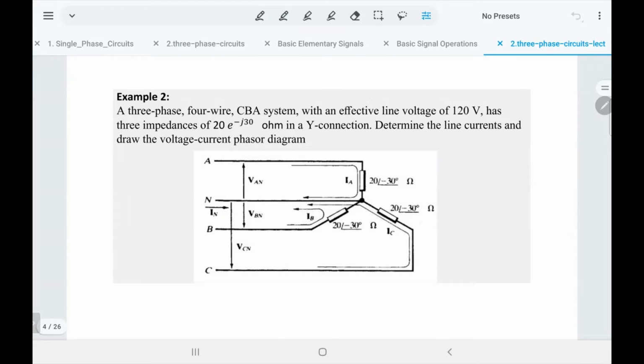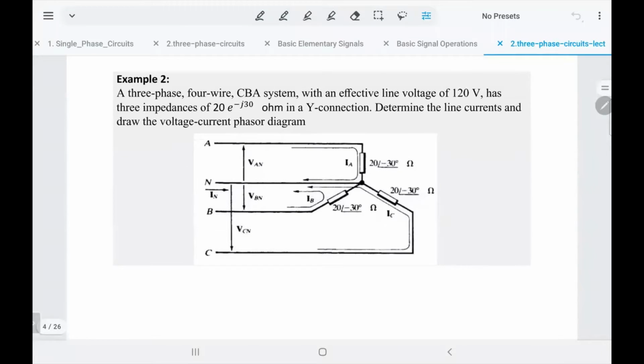What is the question here? They said that the line-to-line voltage is 120 volts, the impedance is given, and they ask for the line currents. You want to calculate the line currents IA, IB, IC.